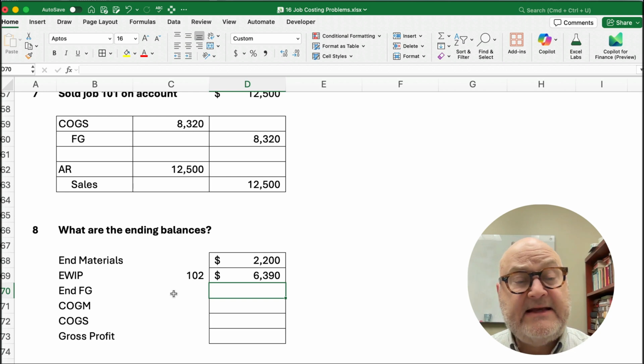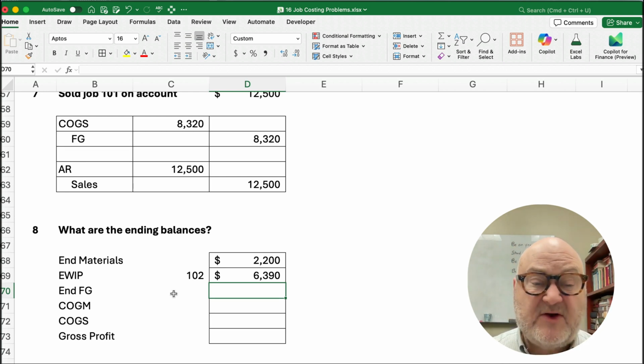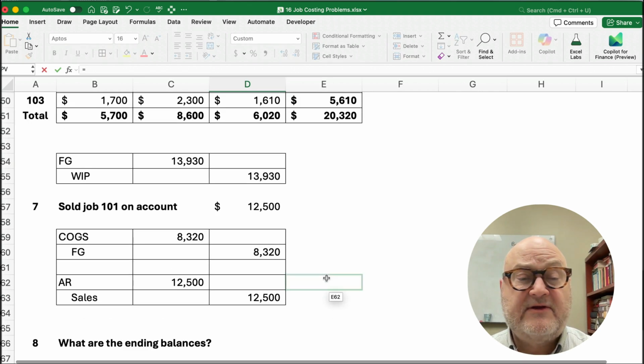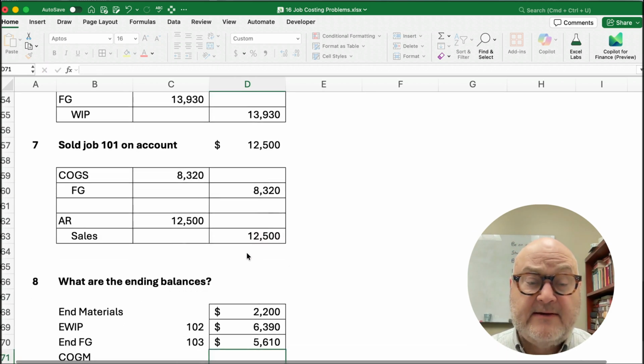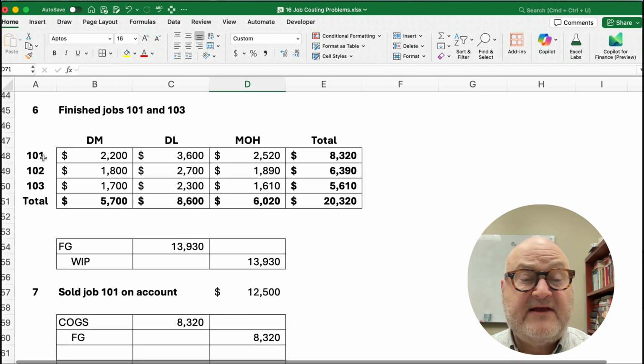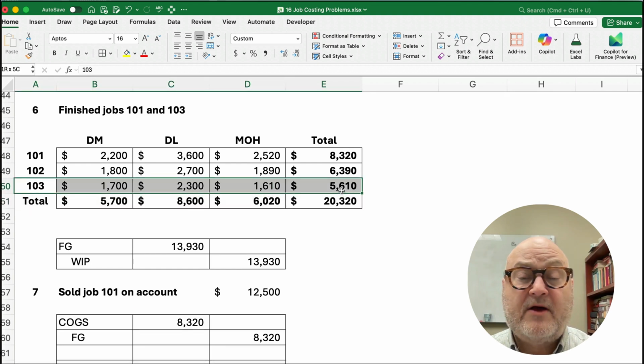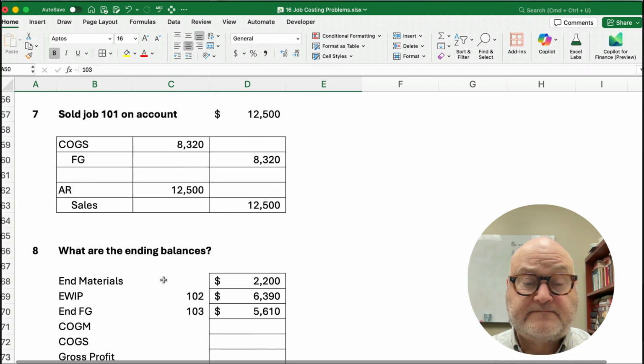What is our ending finished goods? Well, that's going to be the job 103 that we finished but did not sell. So ending finished goods, and you can do it this way, 13,930 minus the 8,320. That's going to be 5,610. That's the cost of job 103. Okay, we finished 101 and 103. We sold 101, so it means we did not sell 103.